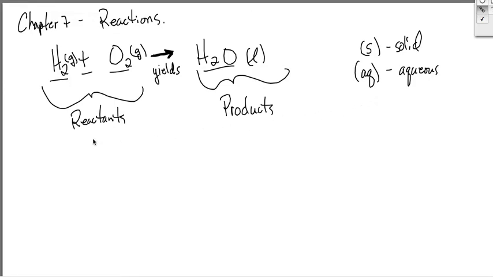We talked about the fact that in order for this reaction to occur, on the reactant side, this is where bonds are broken. And on the product side, this is where new bonds form. Okay? So reactant bonds are always broken. That requires energy, so energy is absorbed.